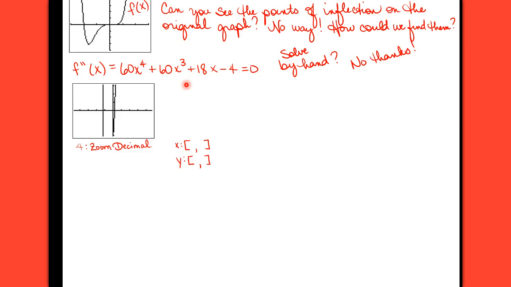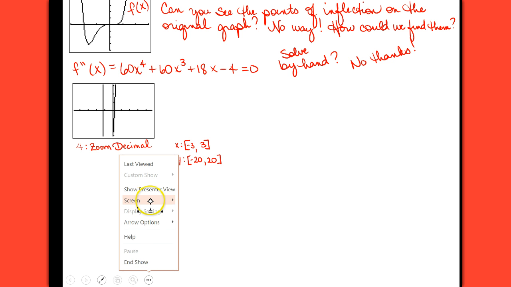That didn't really do me a whole lot of good. So I'm going to need to go back and reset my window. And what we had found earlier when we were working with the original function was that this was a great window to see that original function. So I'm going to try that. It may not be the best fit, but I'm going to try that as my starting point for my second derivative as well. So I'm going to go back to that manual window that we had created.